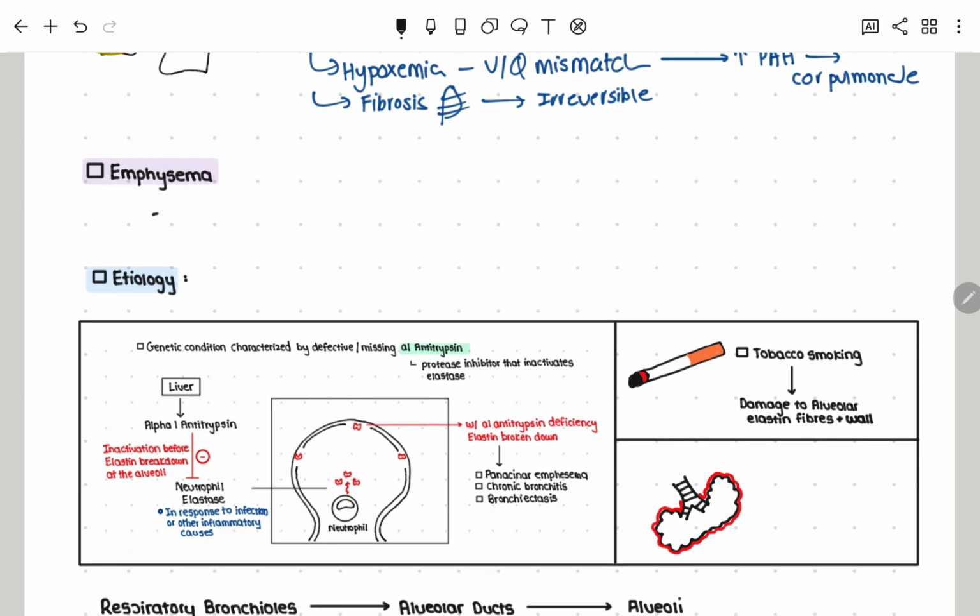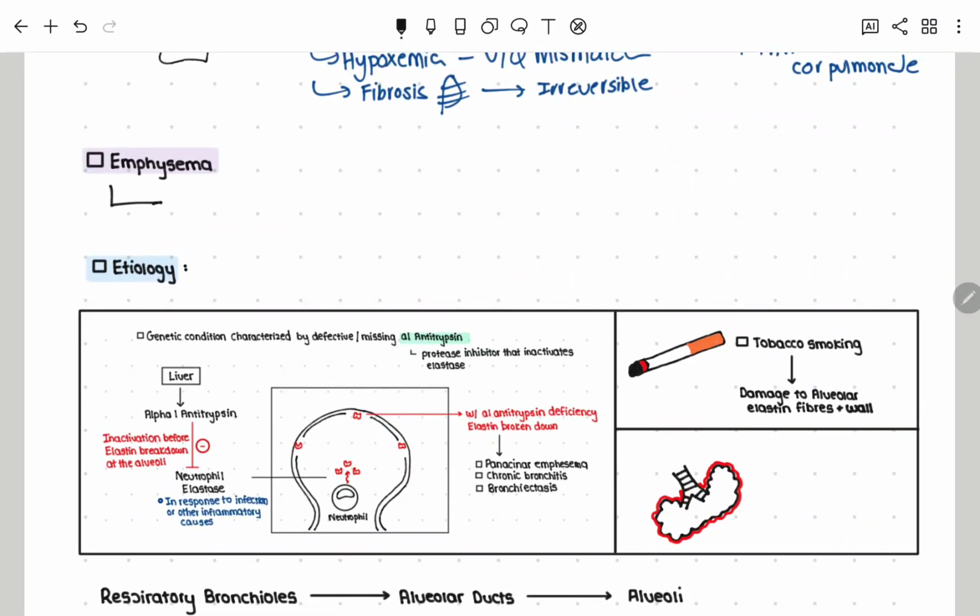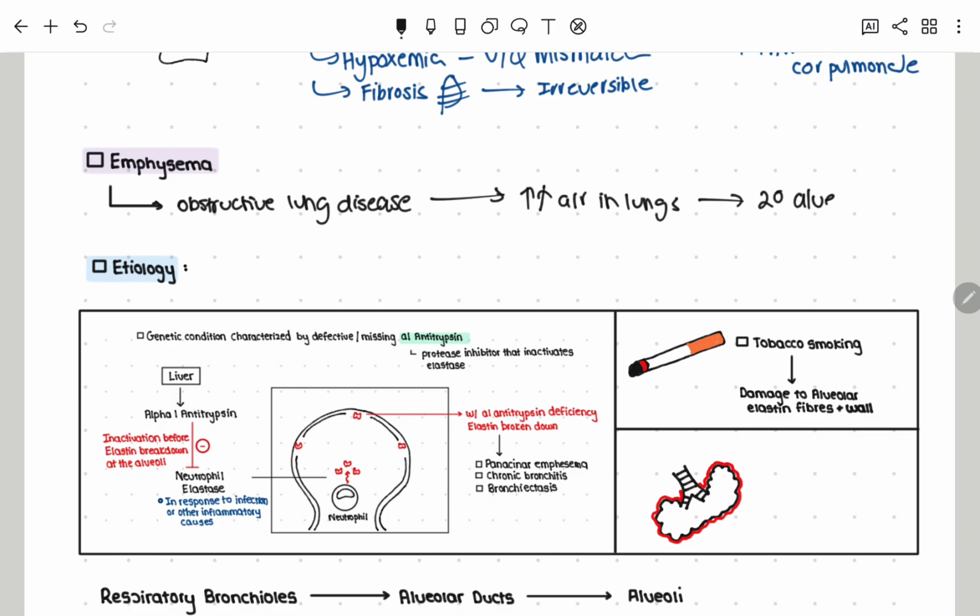Now, moving on to emphysema. Emphysema is the second part of this question, and it is just defined as an obstructive lung disease that is characterized by a pathologically increased amount of air in the lungs occurring secondary to a loss of alveolar elasticity.